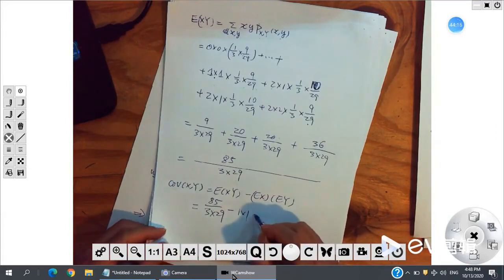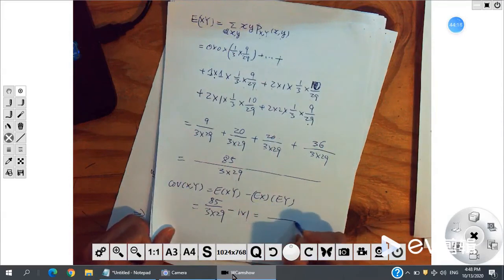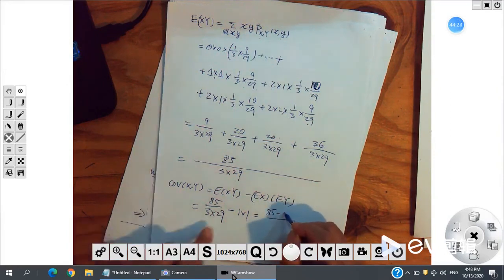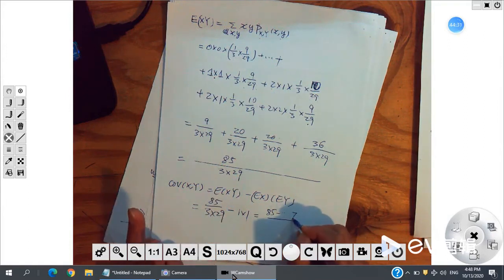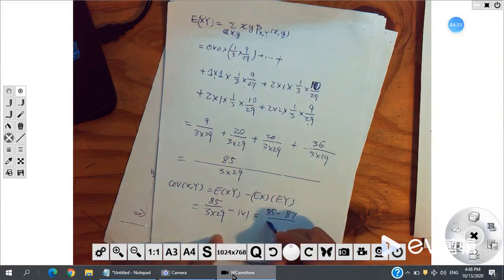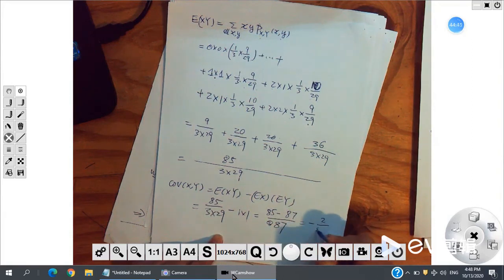So this gives us 85 minus 3 times 29, which is 87, over 3 times 29. So this is negative 2 over 87.